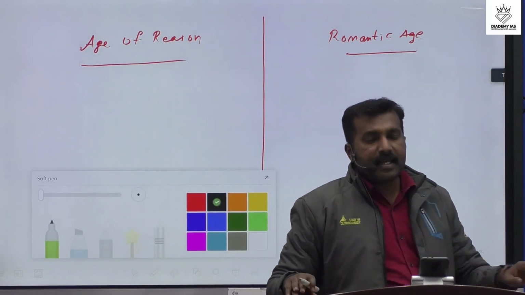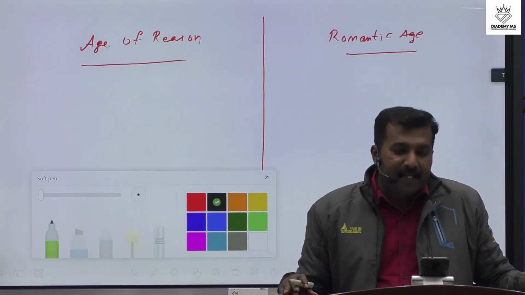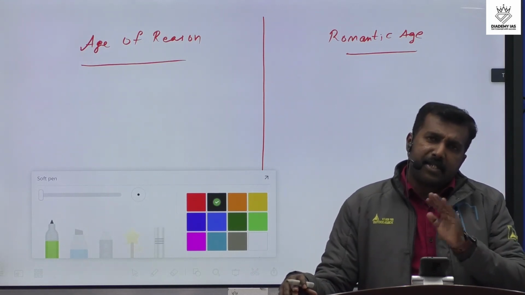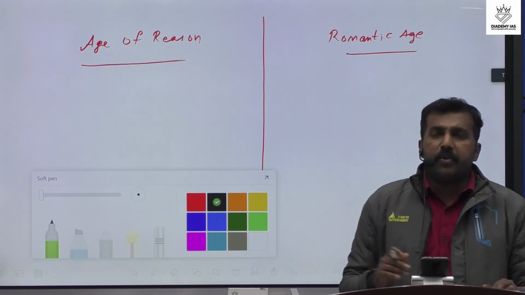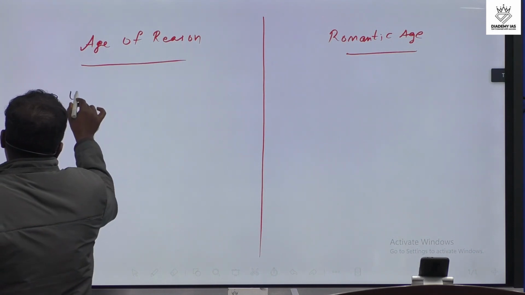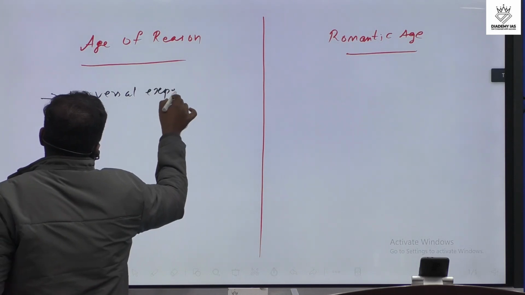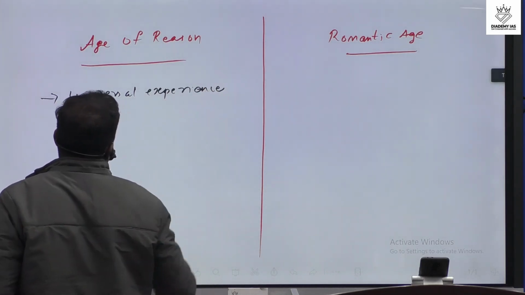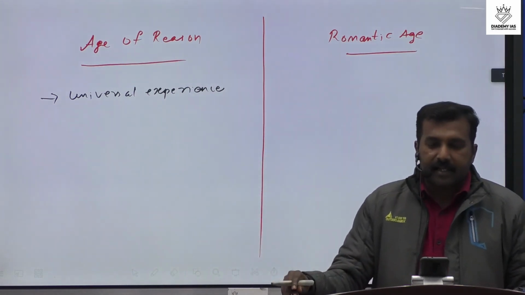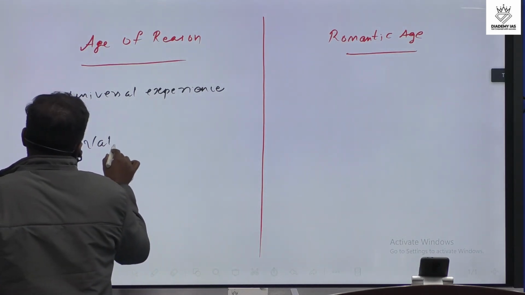Let's discuss what the age of reason is. We can simply say that the age of reason mainly focused on universal experiences. And it gave more priority to the value of society.